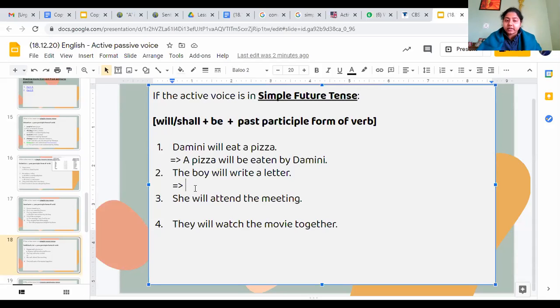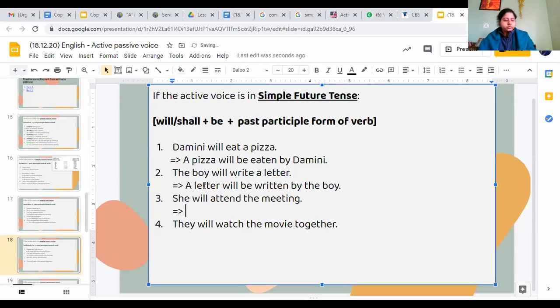That's actually incorrect. Why? Because there is no he in the starting. There is no pronoun in the starting. There is a noun, so we'll keep the noun exactly the same. So the answer will be a letter will be written by the boy.